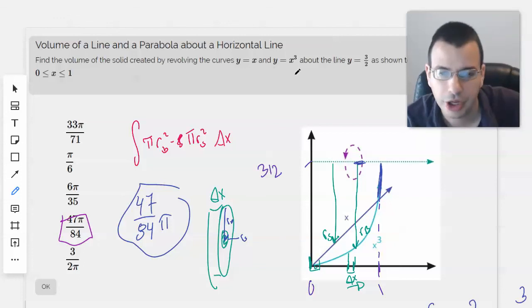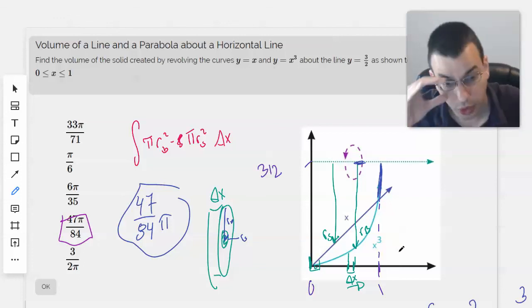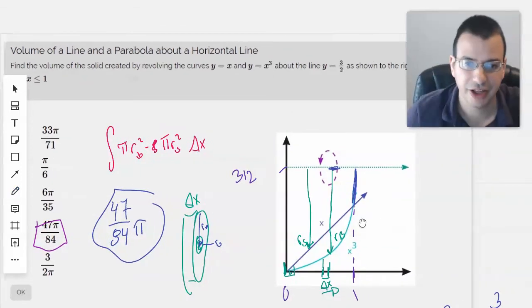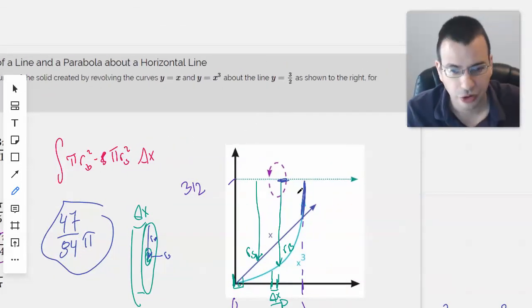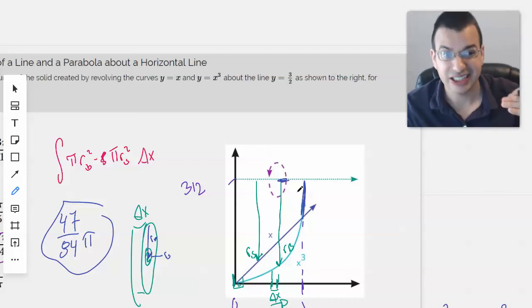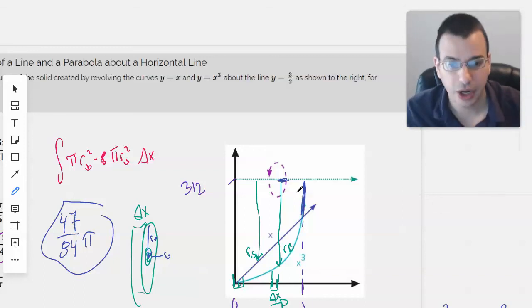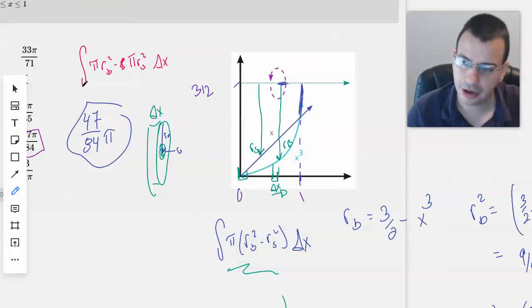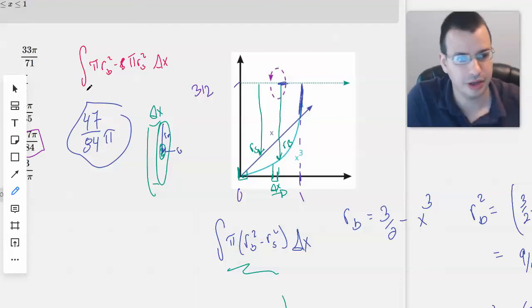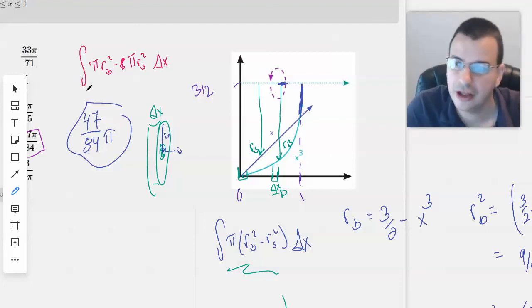Find the volume. So we have these two curves, y equals x cubed. We're supposed to find the volume created. We revolve this about a line that's not the axis. Specifically, this line is y equals 3/2. So we write up our equation of the washer method or the disk minus disk method.